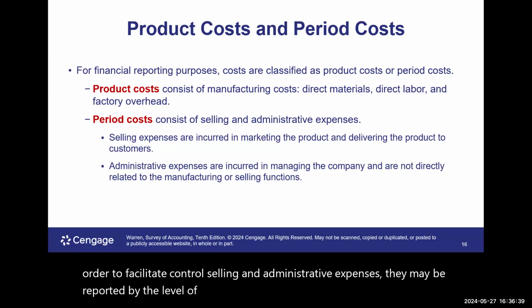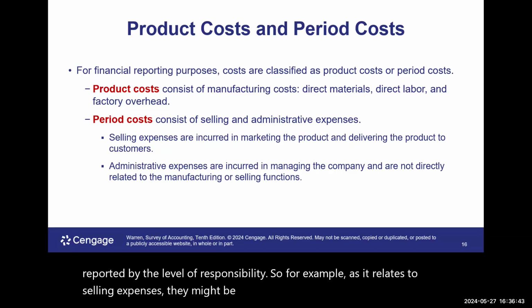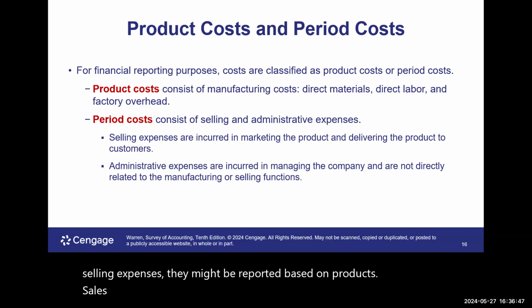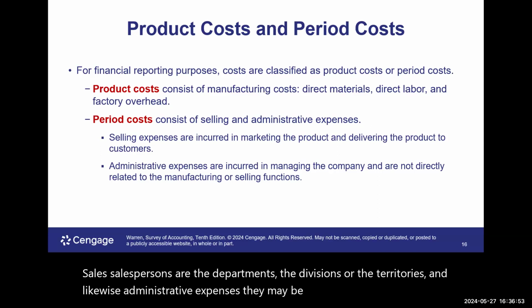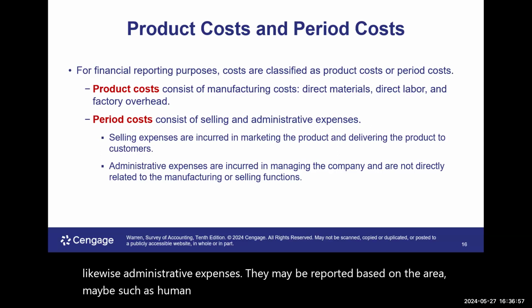For example, selling expenses might be reported based on products, salespersons, departments, divisions, or territories. And likewise, administrative expenses may be reported based on the area, such as human resources (HR), computer services, legal, accounting, finance, etc.